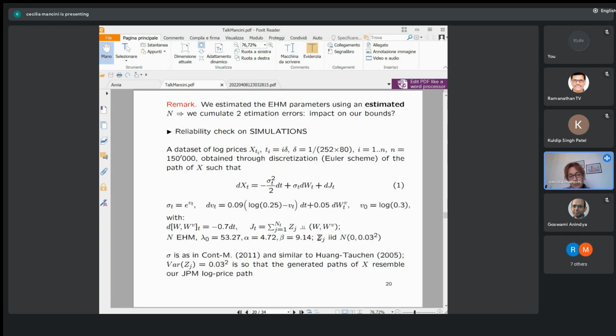The variance of the jump size is assumed to be Gaussian with this variance here, which is particularly small, but we chose it because in this way the model fits the observed prices better.